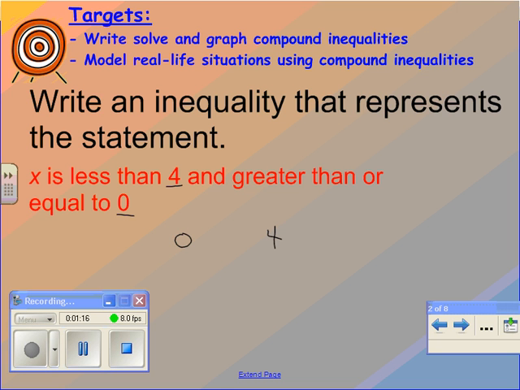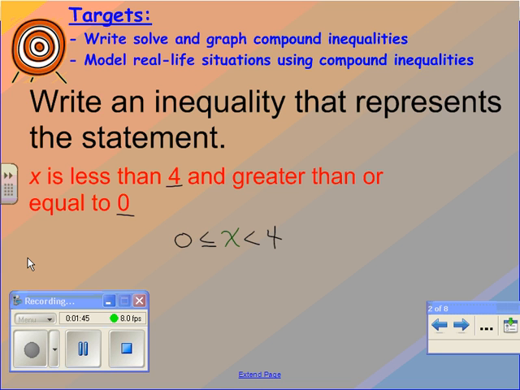And this is the way we fill it in. It says greater than or equal to 0, so I'm going to use less than or equal to here. And x is less than 4, so I'm just going to use less than here. And in the middle is where my variable goes, x.